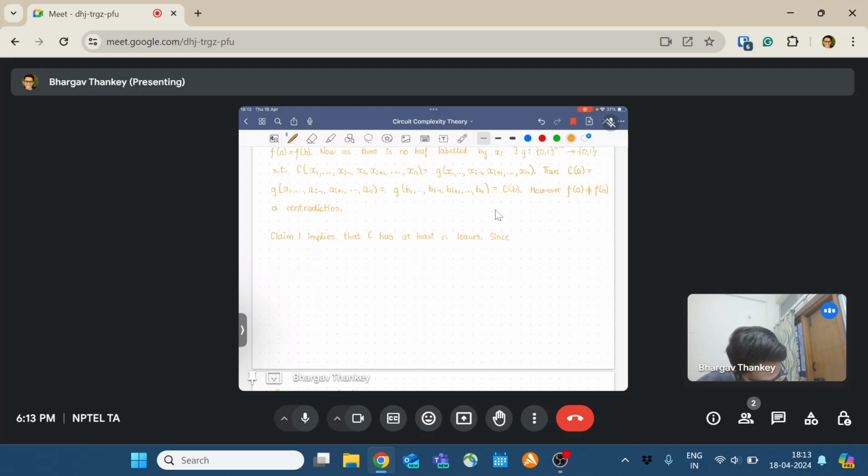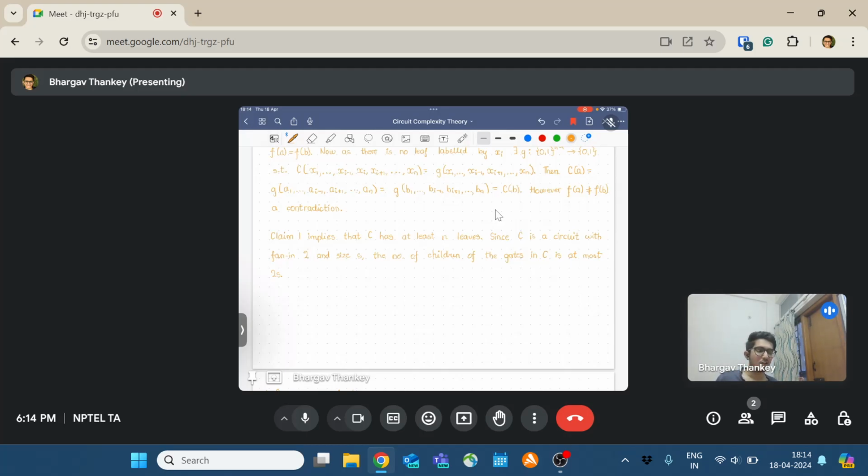Since C is a Boolean circuit of fan-in 2 and size s, yes, C has s gates, and it's a fan-in 2 circuit.